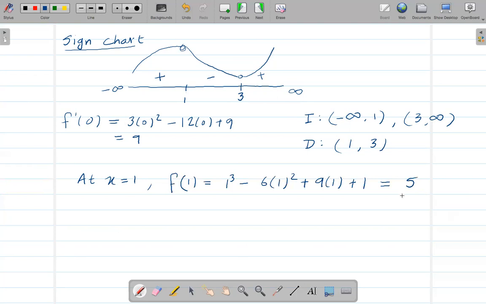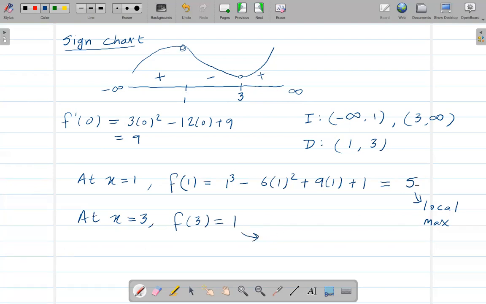Similarly, since it is decreasing and from this point it's increasing, this is going to be a local minimum. This is the local maximum point, and at x equals 3, f of 3, just following the same steps, you will get 1.